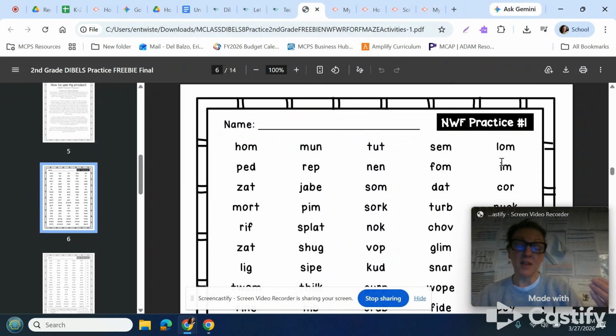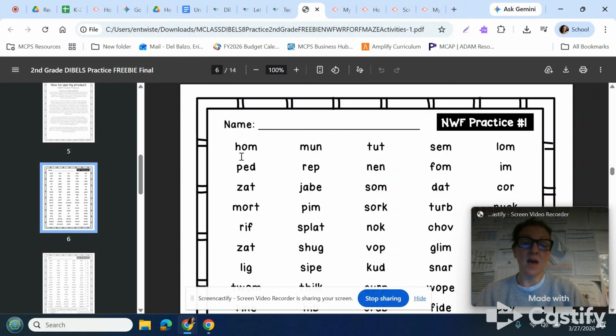As students become developing readers, they start to understand that when we put these sounds together, it creates a unit that we say all together. So for words read correctly, the student would get the points on the assessment for saying hom, mun, tut, sem, lom. So at the end of kindergarten and beginning of first grade, students might be doing both.